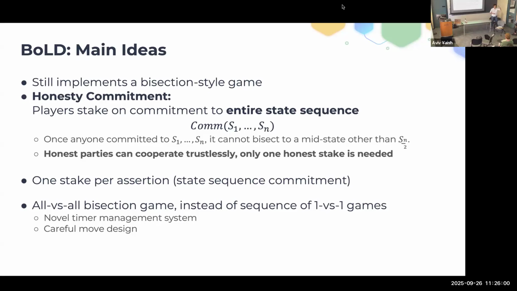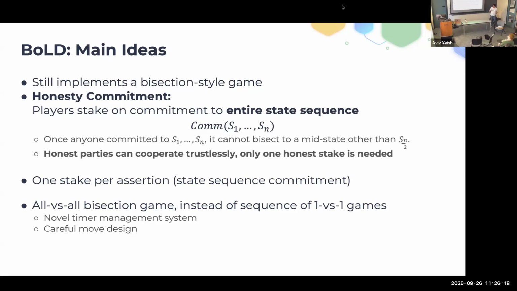Because of this property, BoLD allows only one stake per assertion, as opposed to what I told you before, where honest Alice and evil Bob both stake on the correct assertion.